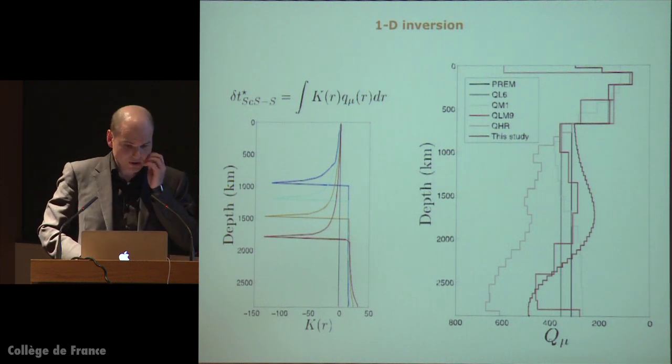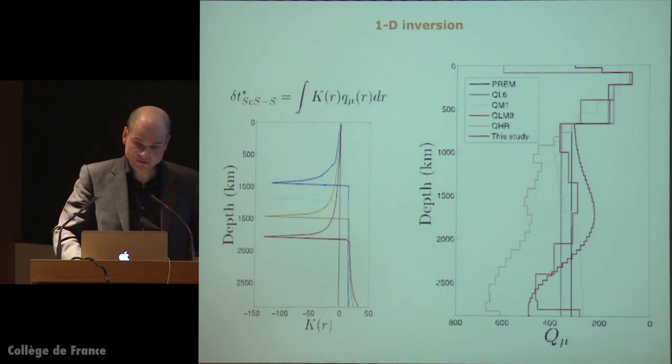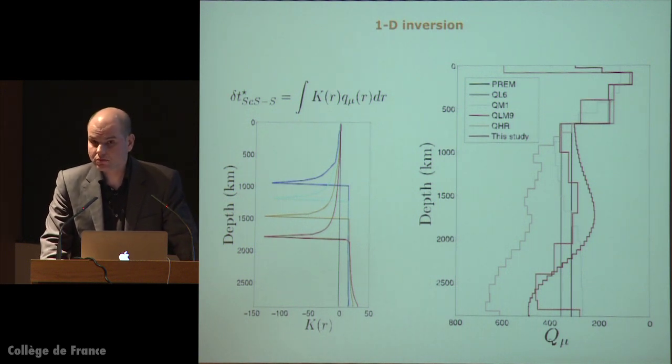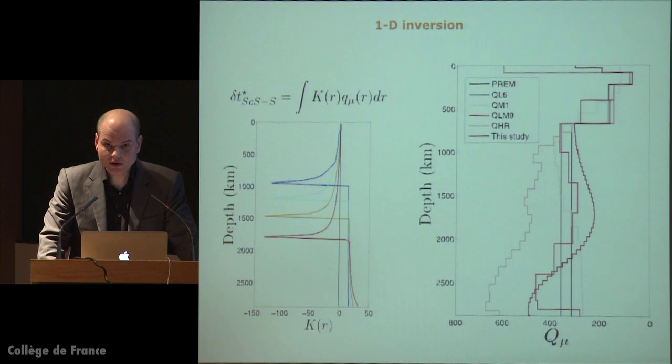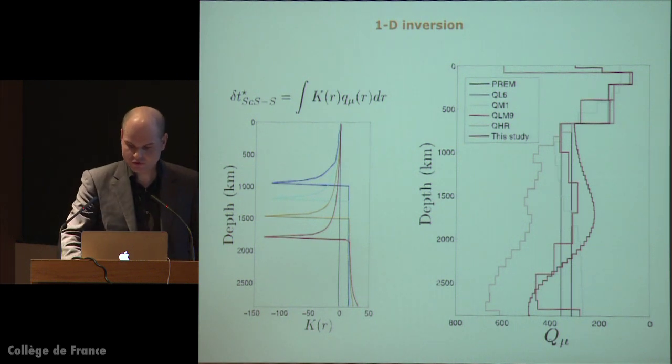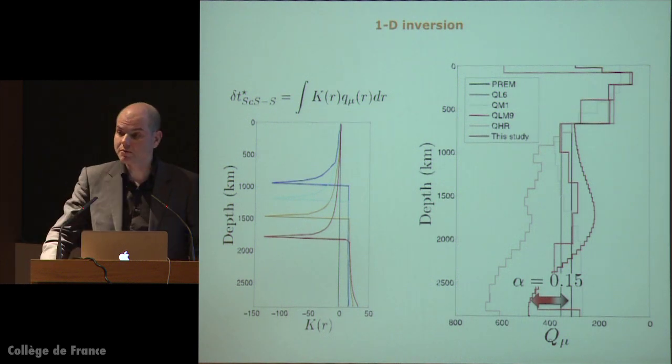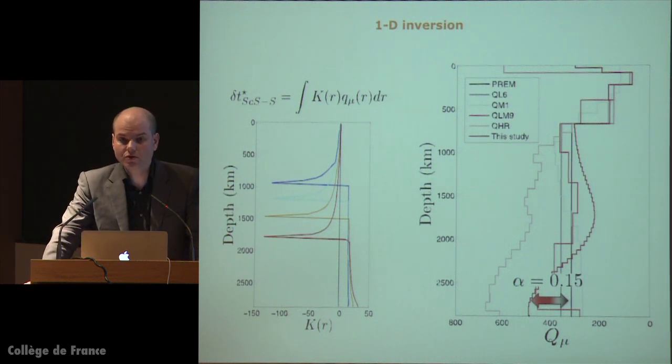So we were wondering if this difference is due to the fact that it's a regional model only, because I showed you we had these three regions, or whether it is due to a frequency dependence of the attenuation.